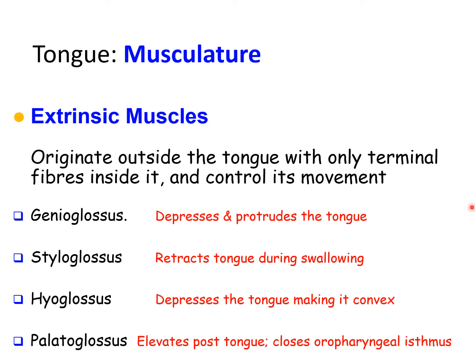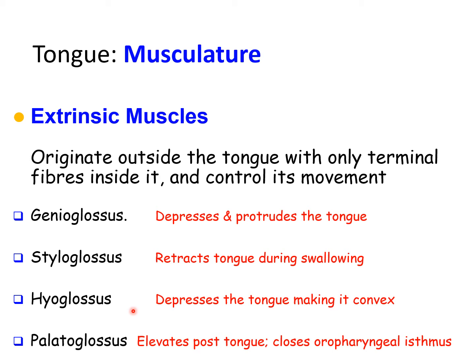Now we shall look at the extrinsic muscle fibers of the tongue. These originate outside the tongue, and only their terminal fibers are located inside the tongue, and their main function is to control the movement of the tongue.